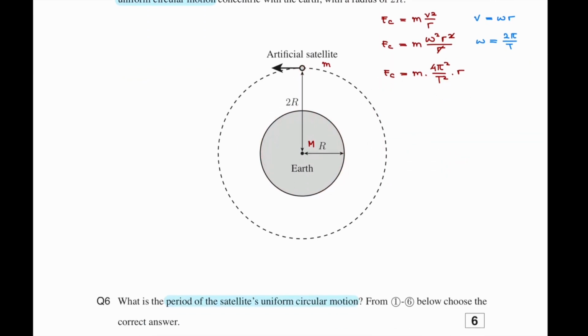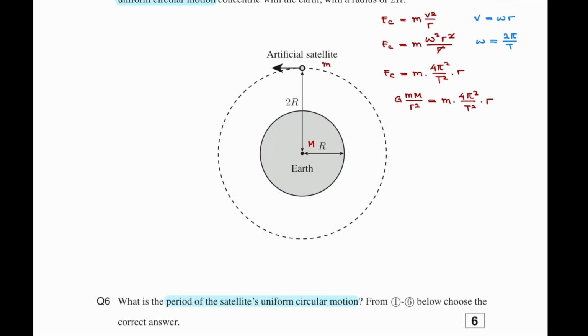So I will get G m1 m2 over r square equals m times 4 pi square over T square times r. Remember that this small r is the distance between the object and the center of the Earth.